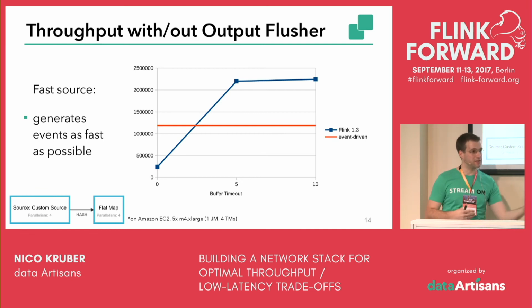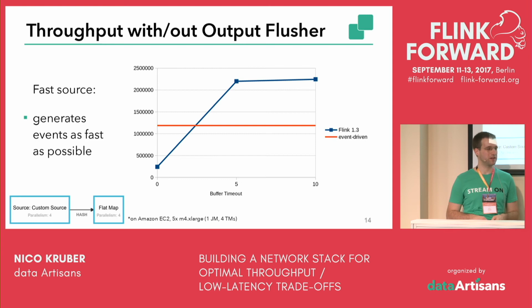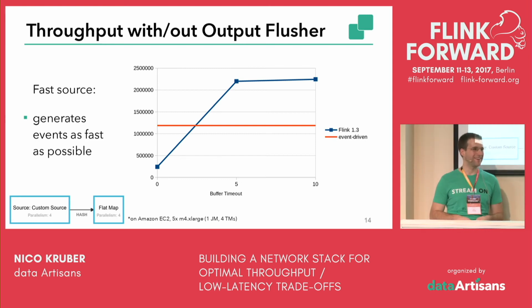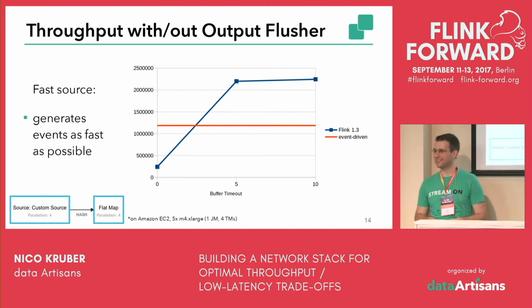So whenever it can send something, please send. There might be some computational overhead of sending smaller buffers and not accumulating them, but we expect it to be low, and this only affects the throughput at this point. So we do expect to gain the best of both worlds. Yeah.